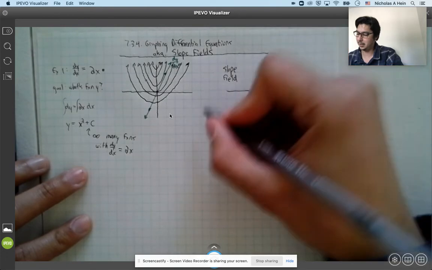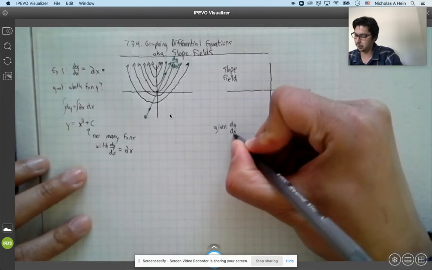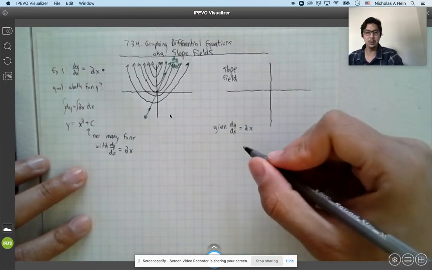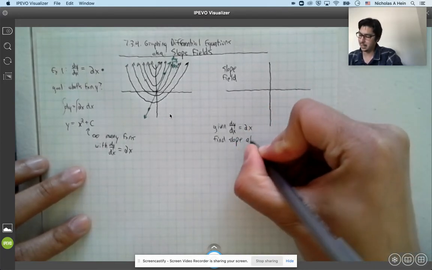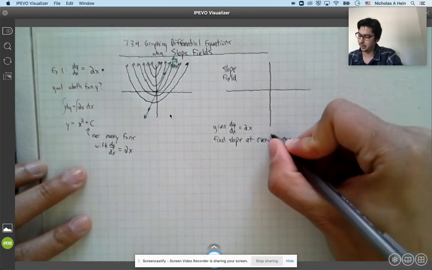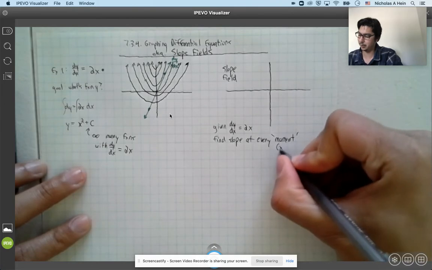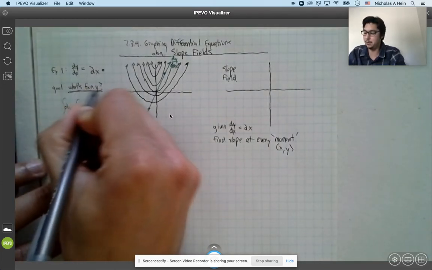Remember that we're given dy dx equals 2x. We can use that to find the slope at every moment, per se. And when I say moment here, I'm really talking about every coordinate x, y. And then that will help us piece together what the function y might be.